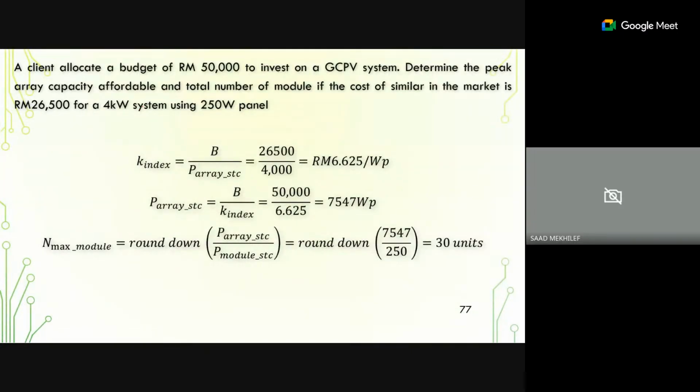For example, here we have a client with a budget of 50,000 to invest in a grid-connected PV system, to determine the affordable peak array capacity and the total number of modules, if the cost of a similar system in the market is around 26,000 for 4 kilowatts, using 250 watt panels. So you calculate and then you find the number of panels is around 30 panels that you need to install to get this system. Okay.